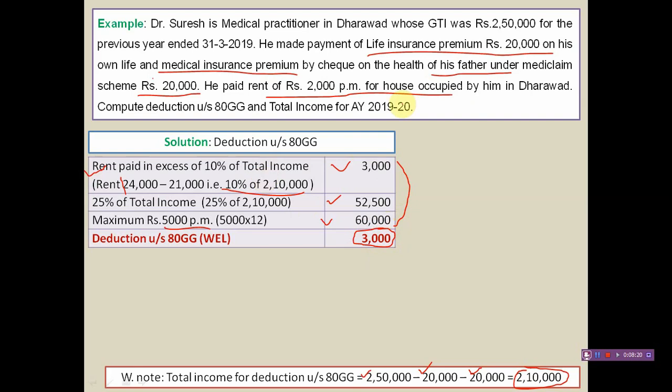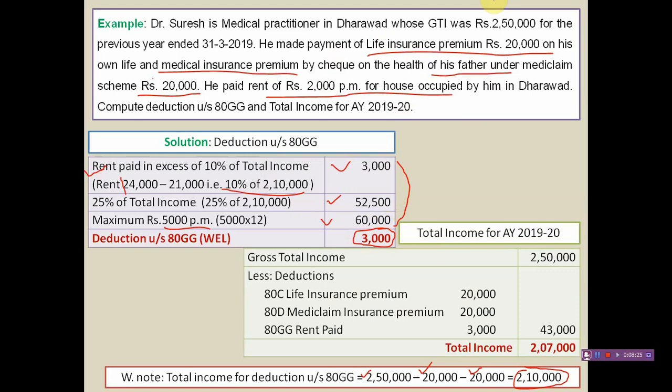In the problem they have asked to compute the total income also. So here it is the total income for AY 2019-20. Gross total income rupees 2,50,000. Deduction under section 80C 20,000 in respect of life insurance premium. Deduction under section 80D in respect of medical or health insurance premium, maximum rupees 25,000.